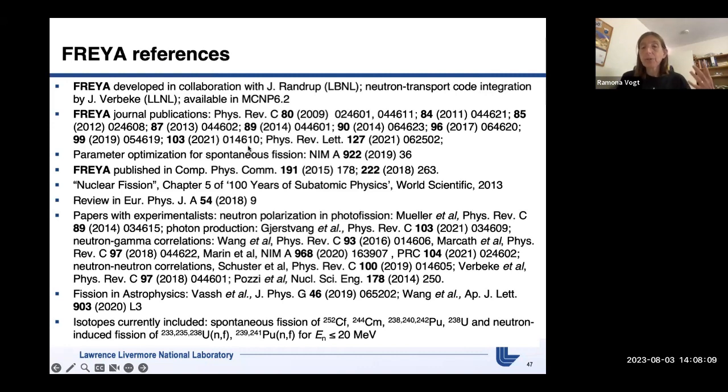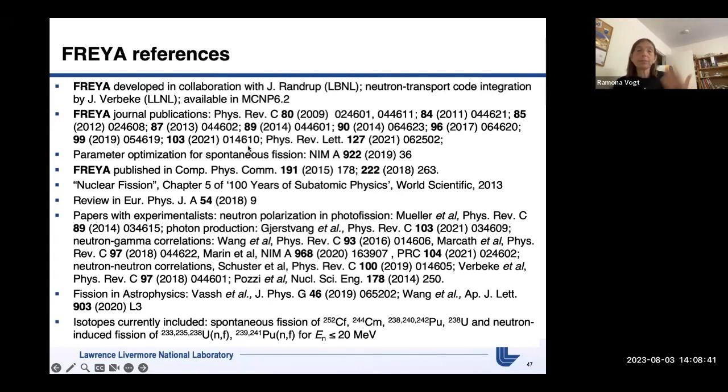And people have tried to do this, and it's still not very good. It's still a work in progress. But I would say that our book has probably a fairly complete discussion of how the fragments are generated from both approaches.